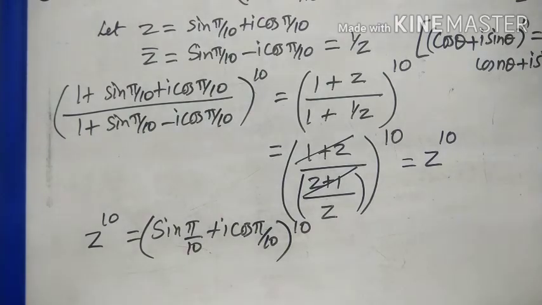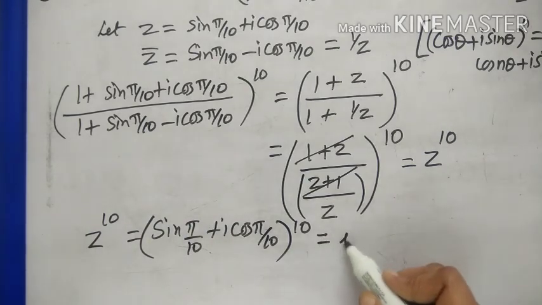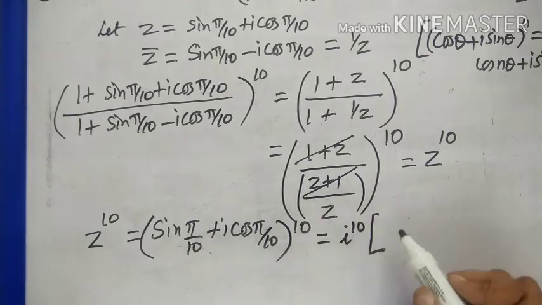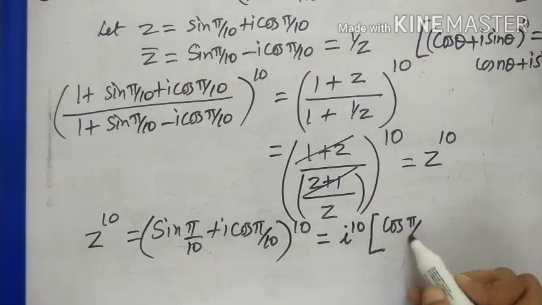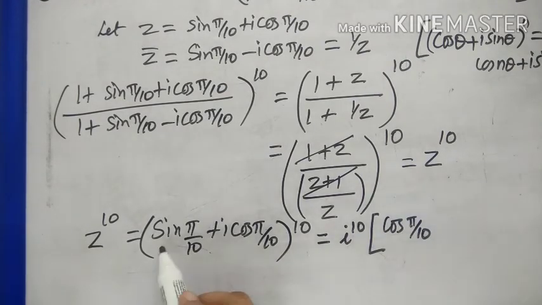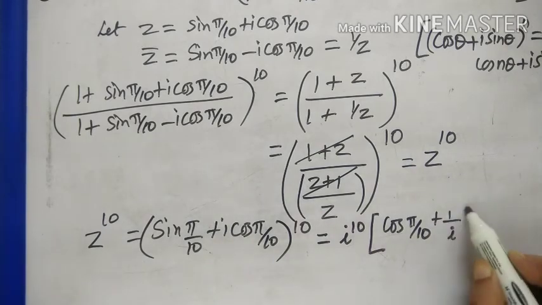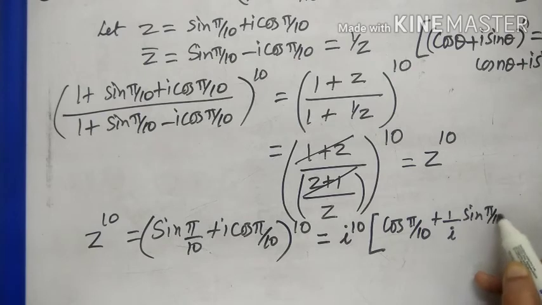But in this question, I am having sin pi by 10. What shall I do? When I want only cos, take i out. So I will rewrite this as i power 10, taking i out. It comes out with this power. What is left is cos pi by 10, and when I take i out, it will be 1 by i sin pi by 10.